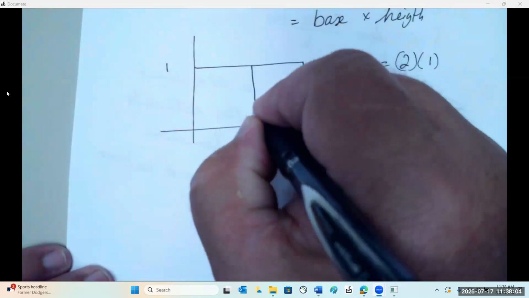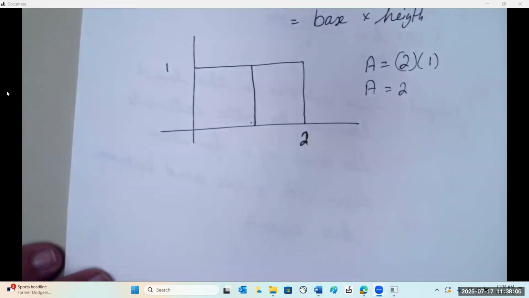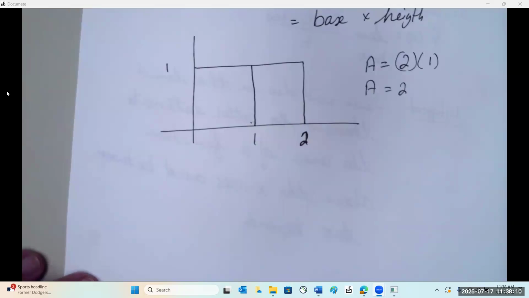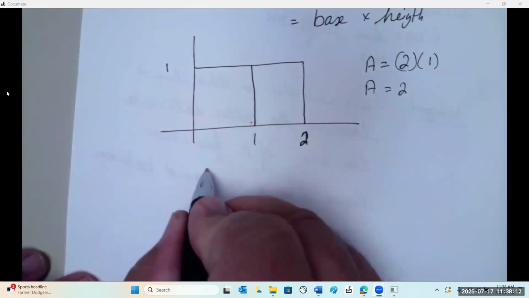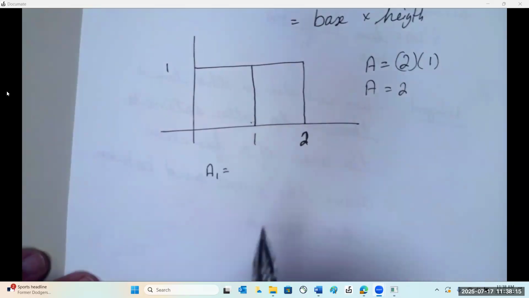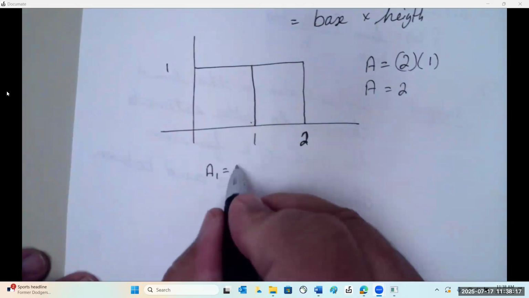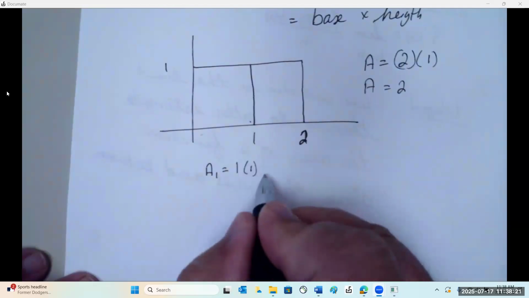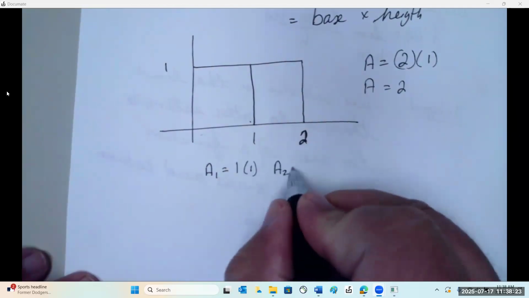But let's look at this. If we cut this into 2 pieces, what's the area of the first piece? The width is 1 and the height is 1. What's the area of the second piece?